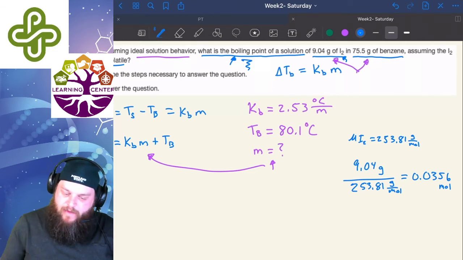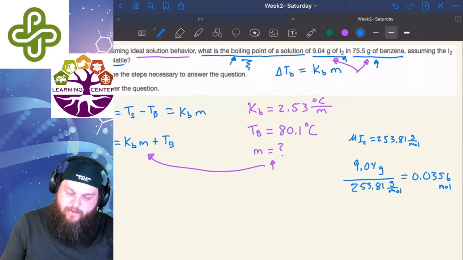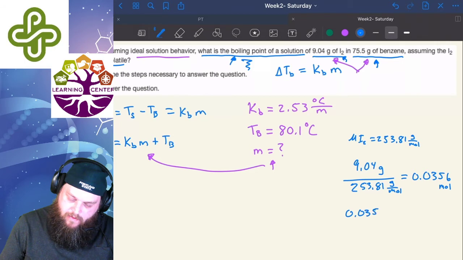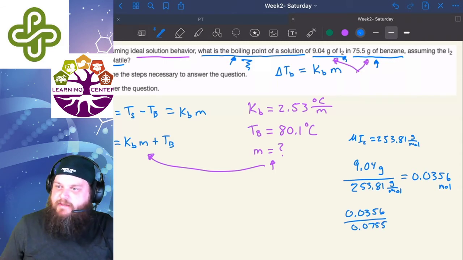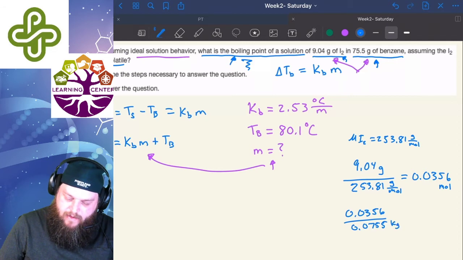We then need to divide that by the mass of benzene in kilograms. So that's 0.0356 divided by 0.0755. Again, I moved that decimal place 3 places to the left. This is in kilograms. This is in moles. We have our molality.